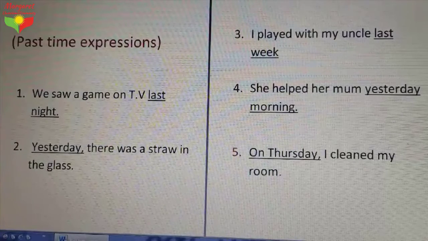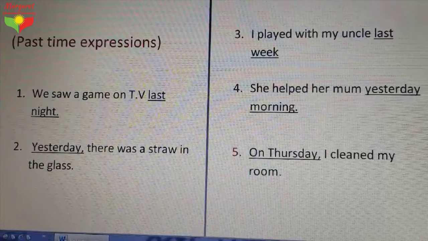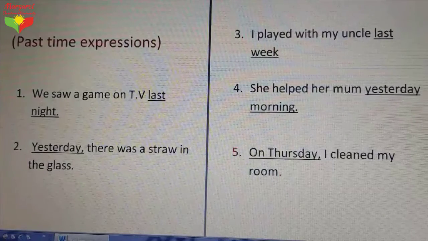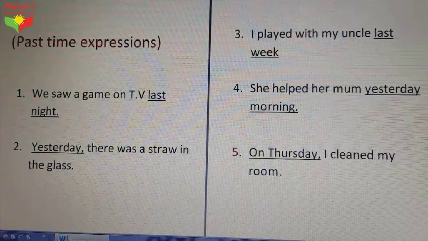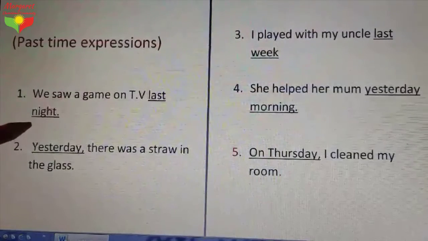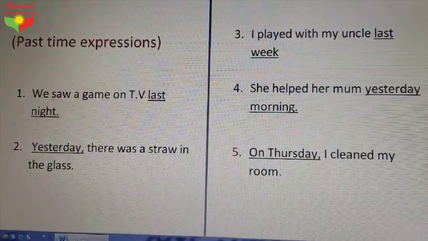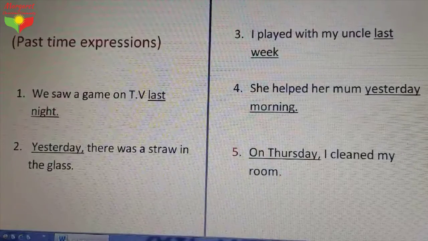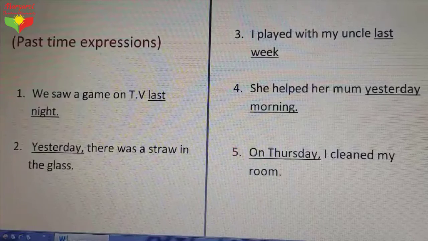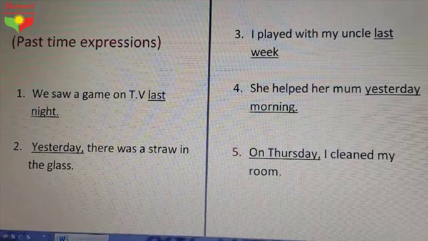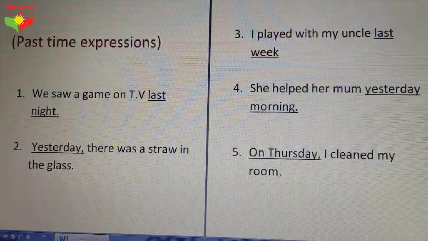We talked about a past action, a past event, something like that. And also last night is one of the time expressions that you can use in past time. It tells you this sentence is about past time, right?